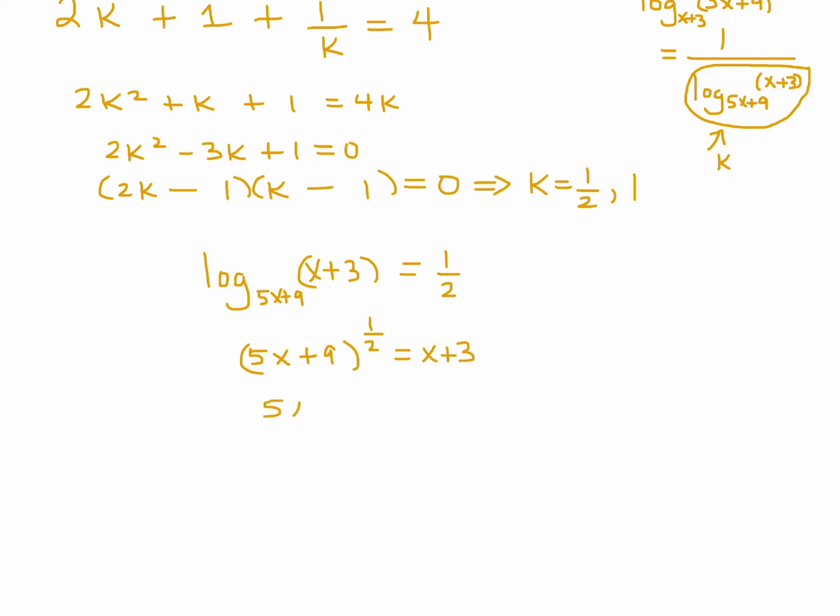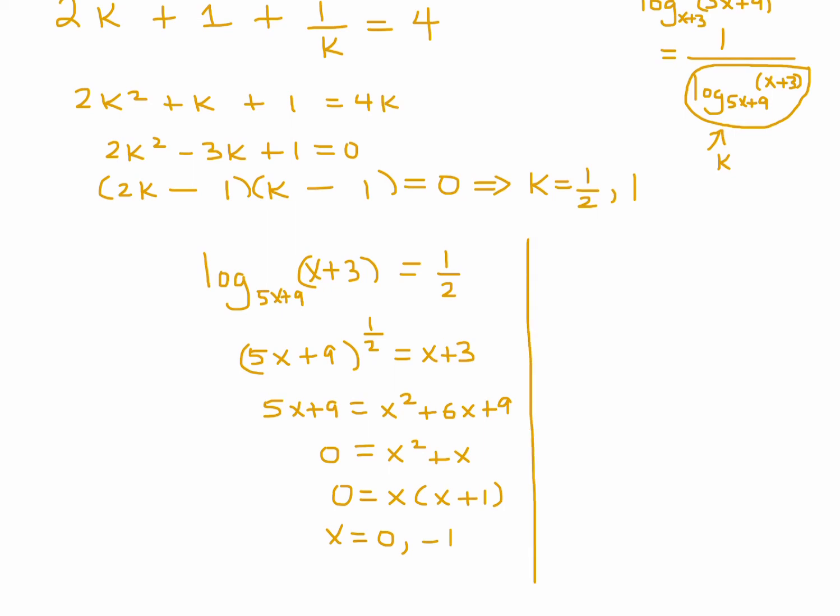Square both sides and you get 5x plus 9 is equal to x squared plus 6x plus 9. And then let's see here, if I put everything on one side, I get x squared plus x is equal to 0. Factor out the x and I get x times x plus 1. And therefore from this I get x is equal to 0 or negative 1.